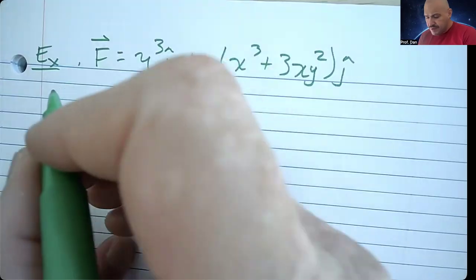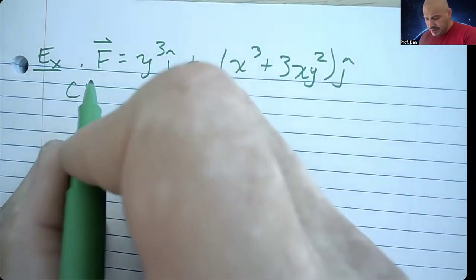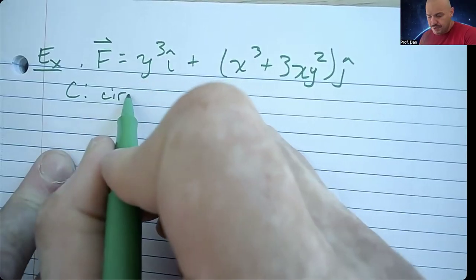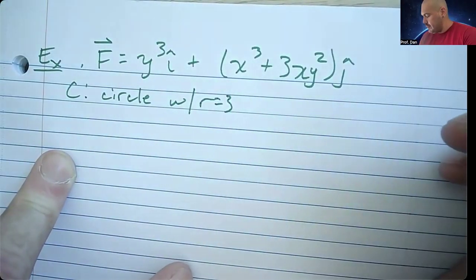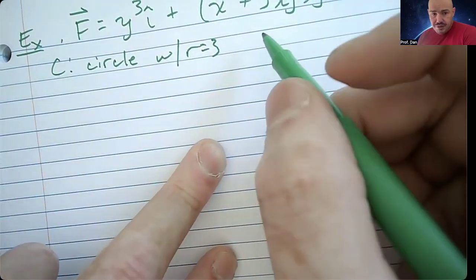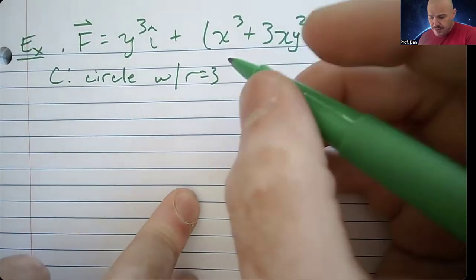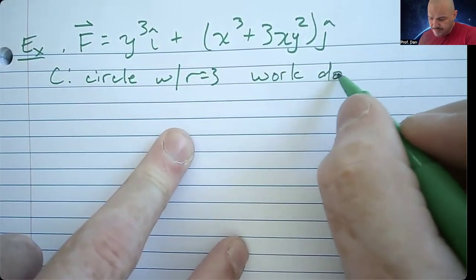And we're traveling around a circle with a radius of 3. And we want to use Green's theorem to calculate the amount of work done by this force field.